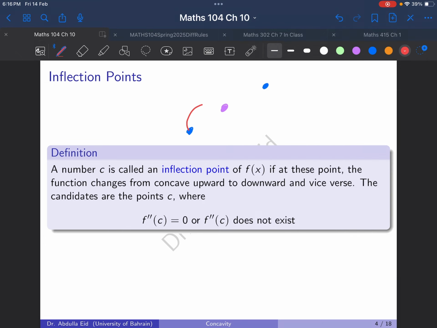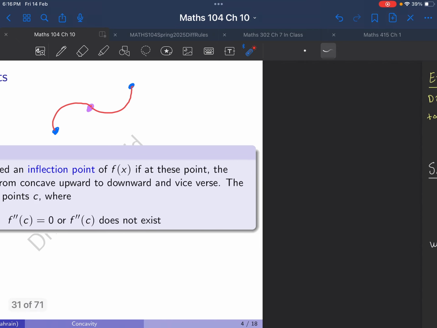For example, if I go upward, at this point I go downward. It has a change in the curvature. That's the inflection point, which we usually abbreviate as IP. So we go concave upward, and then concave downward, and that's exactly what we get as an inflection point, where we focus on the second derivative.